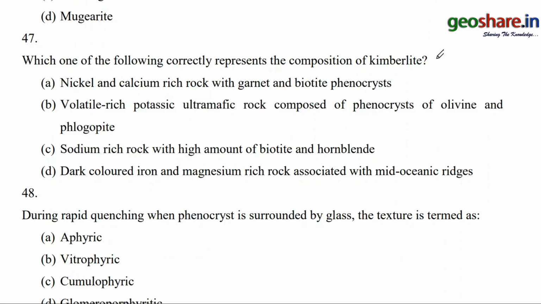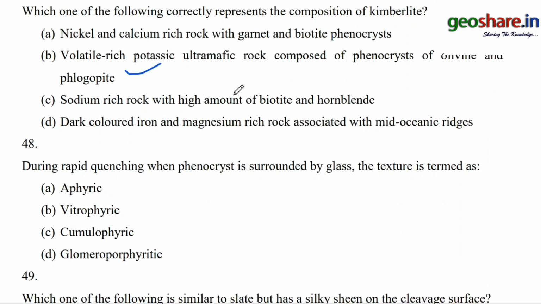B. Volatile rich potassic ultramafic rock composed of phenocrysts of olivine and phlogopite. Composition of kimberlite is volatile rich potassic ultramafic rock composed of phenocrysts of olivine and phlogopite.